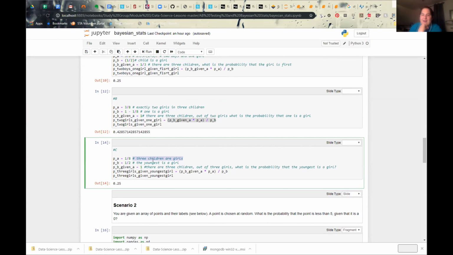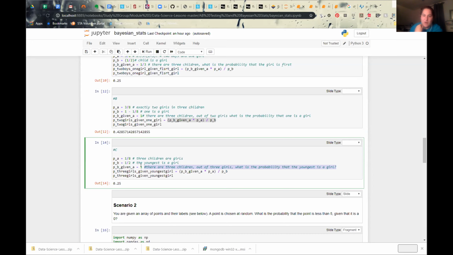Good call. For part C, the probability of A is that all 3 children are girls, and there's a 1/8 chance that will happen. The probability of B is that the youngest is a girl, and there's a 1 out of 2 chance that could happen. And then the probability of B given A talks about how there are 3 kids, and out of those 3 kids, how many of them are girls, and what is the probability of the youngest one being a girl.